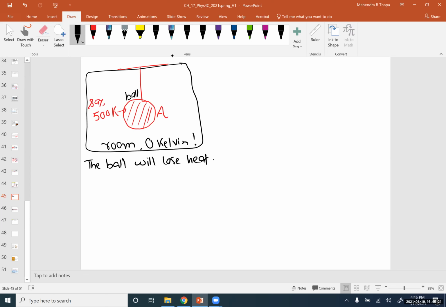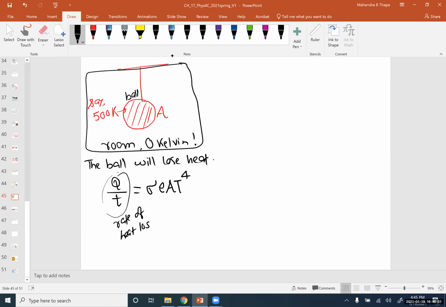It says that the heat lost per unit time will be equal to sigma, whose value is always constant, times e, called the emissivity, times surface area, times T to the power 4. Everything is given, so you can calculate. This will be the rate of heat loss.